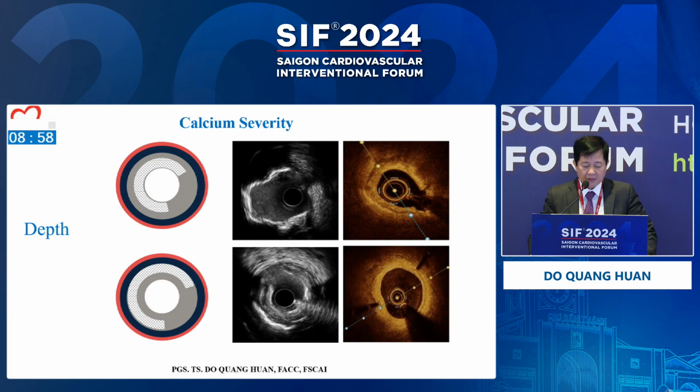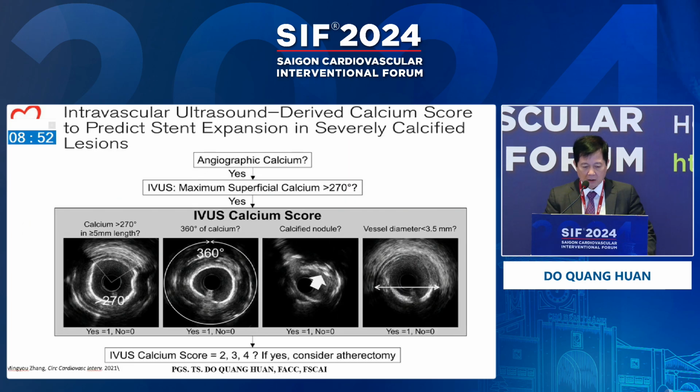And there is the depth, the superficial depth, of the lesion. One trial from Dr. Trung shows that when we do the angiogram and the IVUS, we put a score on the calcified lesion.